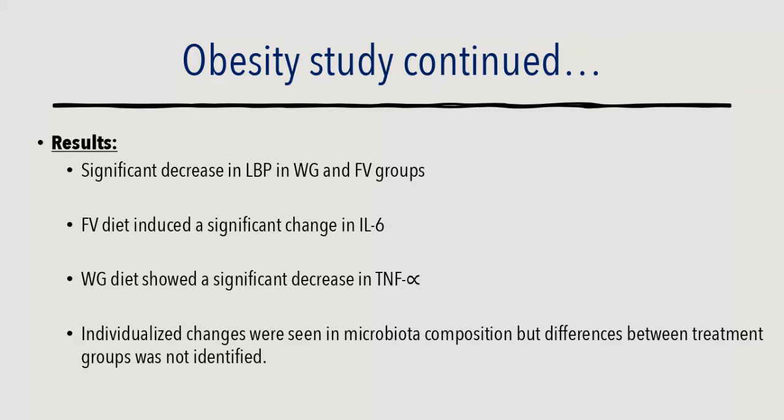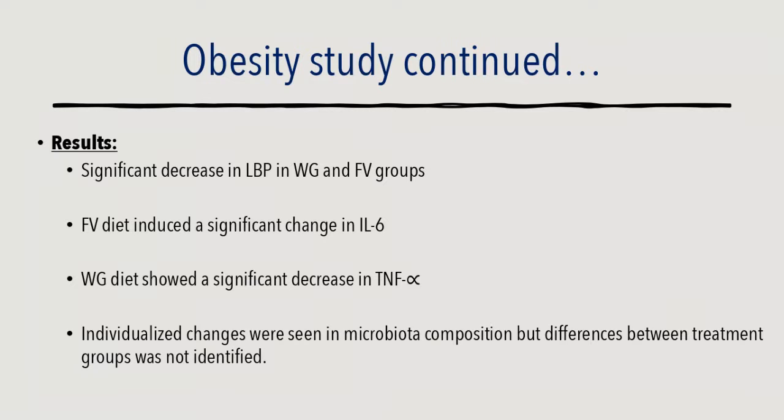Some of the results included a significant decrease in the LBP in the whole grain and the fruits and vegetables groups, and a significant change in interleukin-6, which is an inflammatory marker. Whole grains also showed a significant decrease in TNF alpha, which is also an inflammatory marker. It showed that there were individual changes seen in the microbiota composition, but overall differences between the treatment groups were not identified.